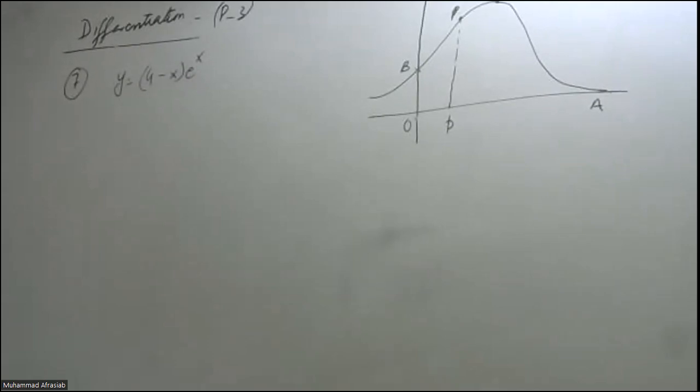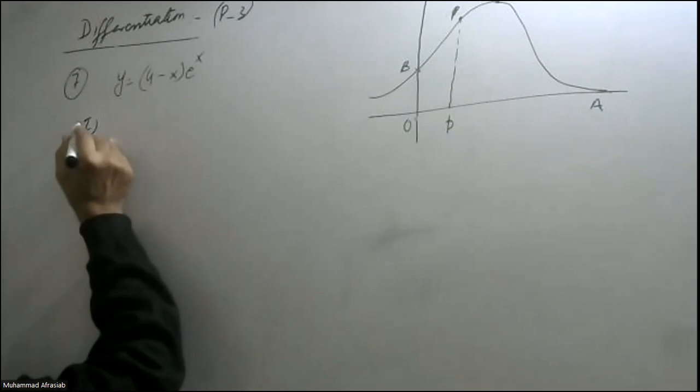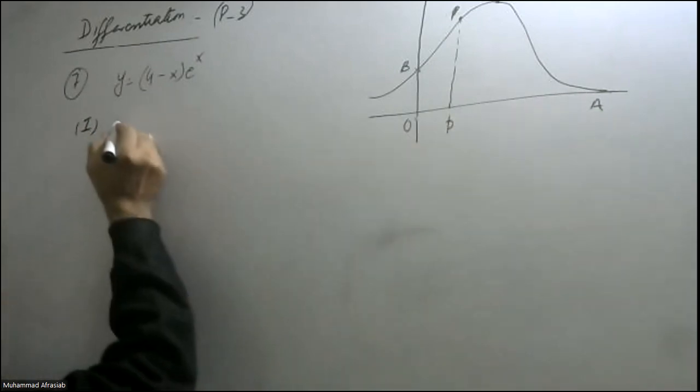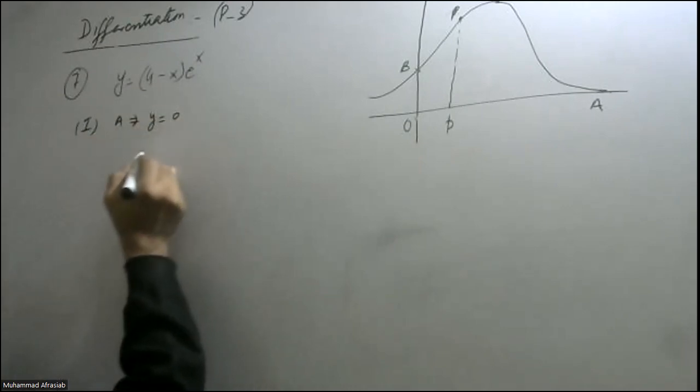The curve is y equal to (4 minus x) e power x. And the curve is going to cut at the points A and B. So first we will find the coordinates of A and B. Since A lies on the x-axis, for point A you put y equal to 0.